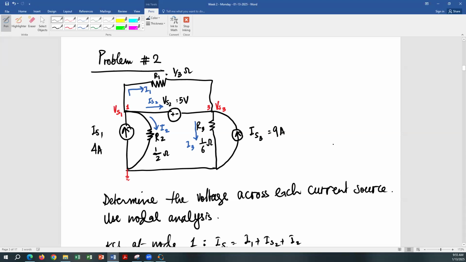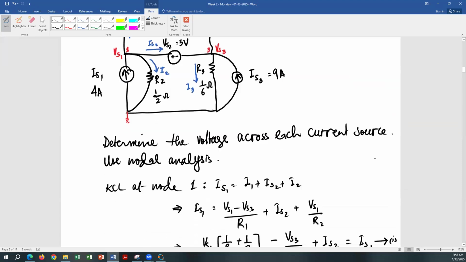Once you assign direction, you don't have to change it. So make sure once you put together the circuit and you're applying nodal analysis, you assign the direction of current through each branch. When you are applying mesh analysis, make sure you assign loop currents for each mesh and stick with those directions. You don't have to change them throughout the problem.